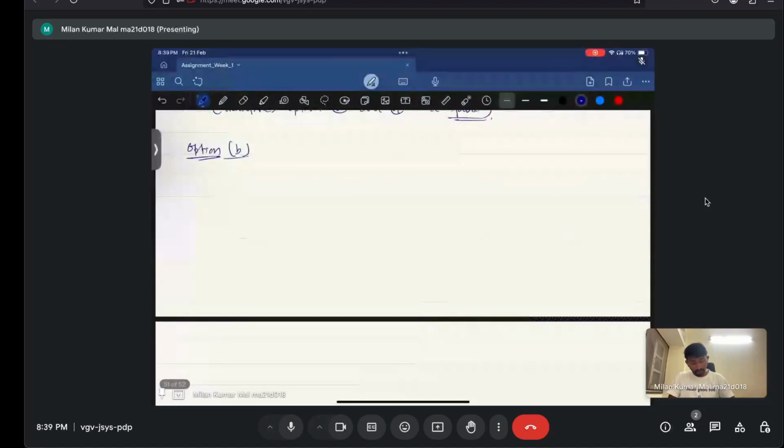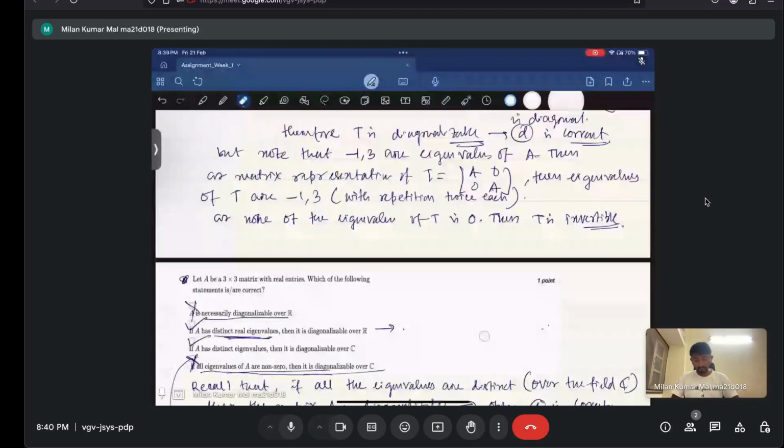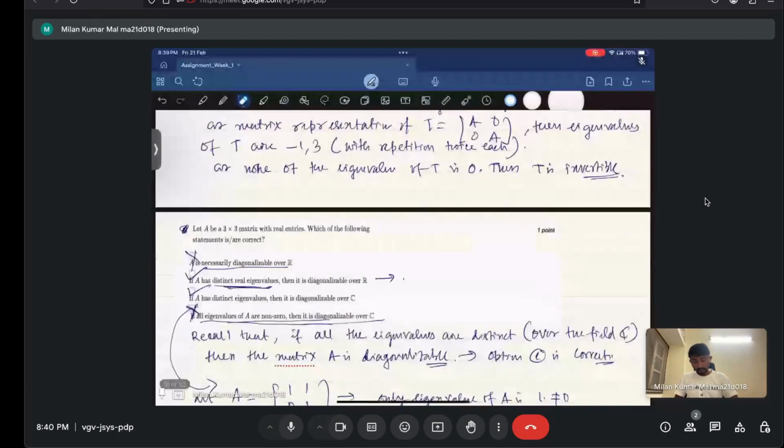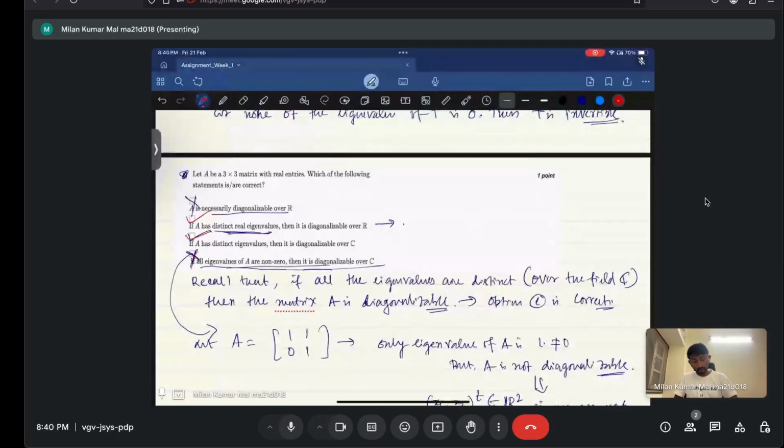Maybe you can answer by just guessing, but why this is true is what I'm trying to say. If A has distinct eigenvalues over the complex field C, because it is algebraically closed, any matrix can be decomposed and all the possible eigenvalues will be there, but real numbers are interesting.